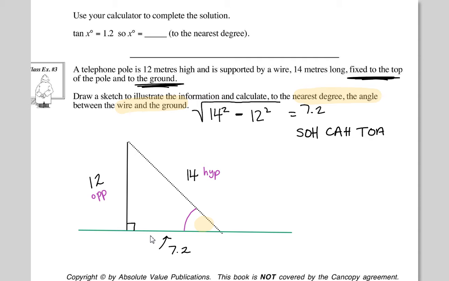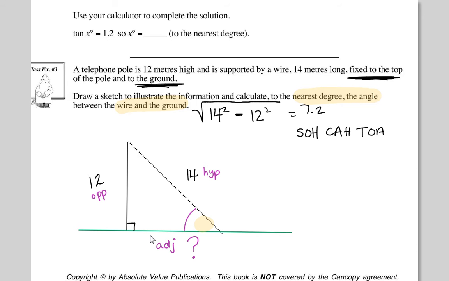Now when you are whispering to yourself, listen, I need to find the relationship that has O and H. Because if I just started this problem and I didn't do any work up front, I don't know the bottom. What label is the bottom? Adjacent. I don't know anything about the bottom.